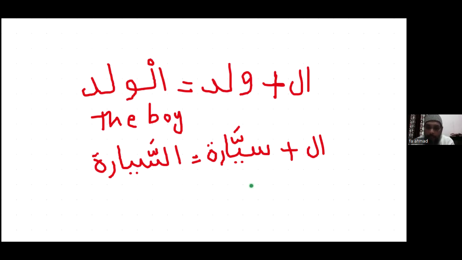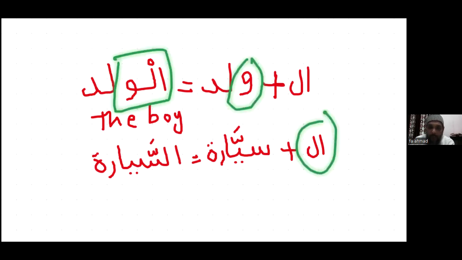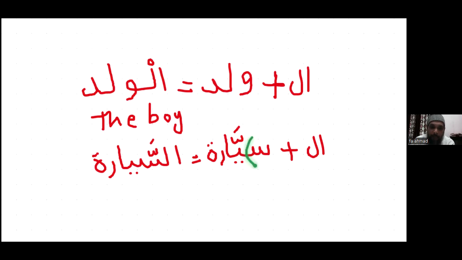If you prefix the article "al" and the word starts with a moon letter, read the lam, like "al walad", because waw is a moon letter. If you prefix the article and the word starts with a sun letter, like sin, don't read the lam. So here it is not "al sayyara", read "as sayyara". Clear? I hope you understood.